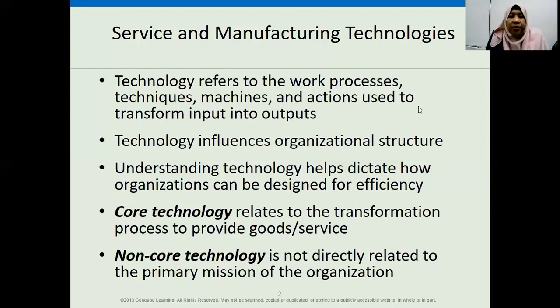And as you can see from here, technology influences the organizational structure, and indirectly when we involve those technologies, we can reduce a lot of the human labor capital.